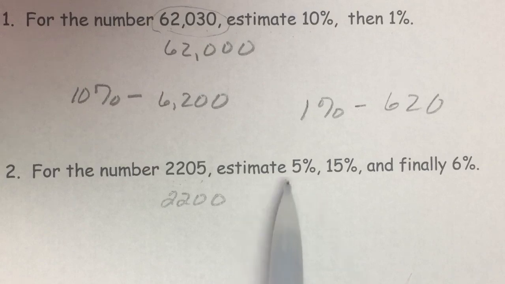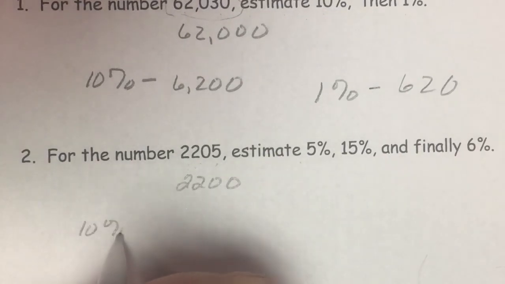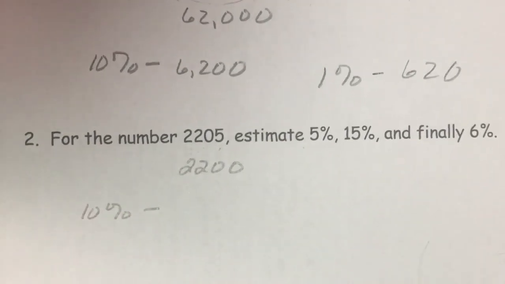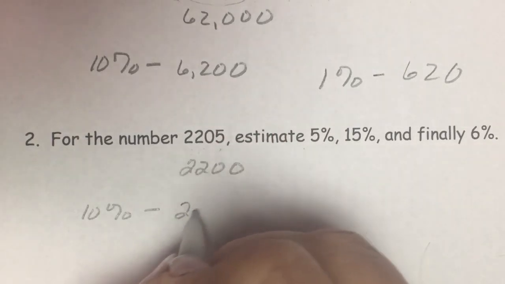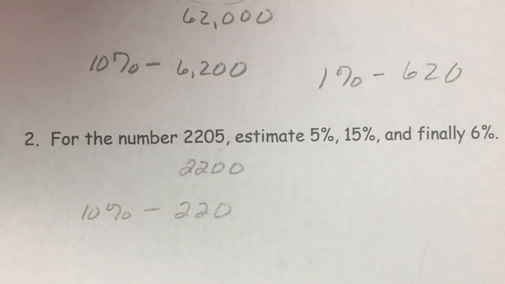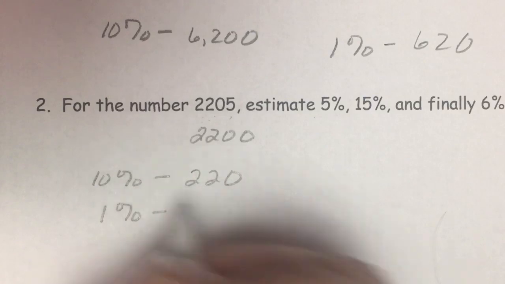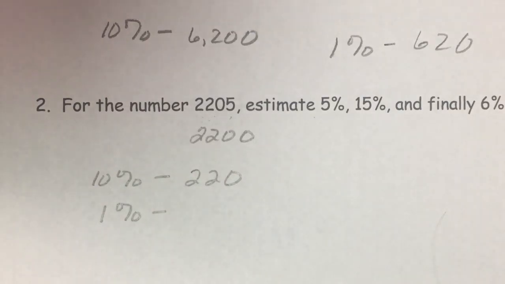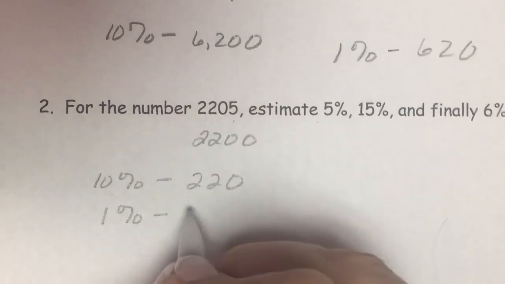Well, remember, you have to estimate 10% and 1% to do all of the other ones. So let's first estimate 10% of 2,200, which again literally means you take off the last digit. So that would be 220. Then let's estimate 1%. Take off the last 2 digits, and that's going to be 22.